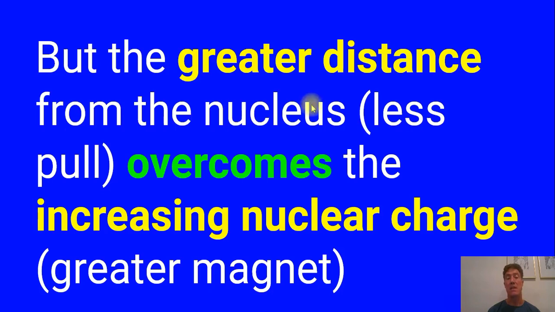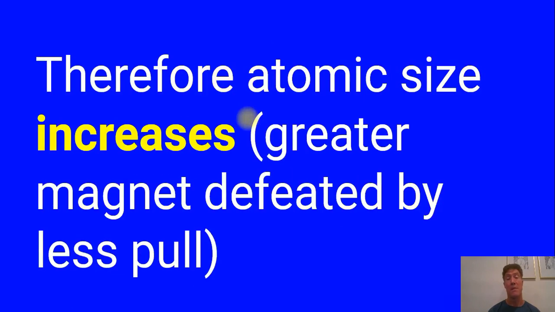So the greater distance creates less pull, increasing the protons creates more pull, a greater magnet, but the greater magnet is not as effective because it's trying to pull something that's relatively further away, so there will be less effective pull. Therefore, atomic size increases, the greater magnet of the protons is defeated by the less pull of being further away.